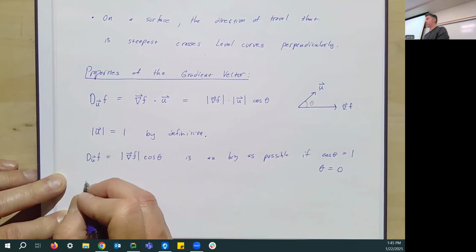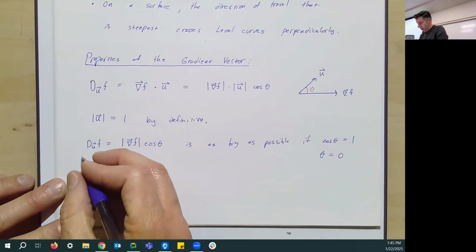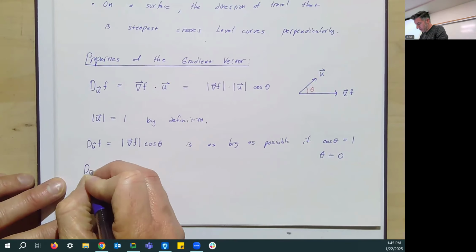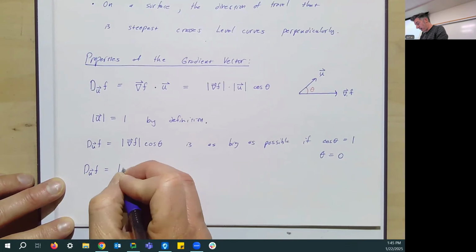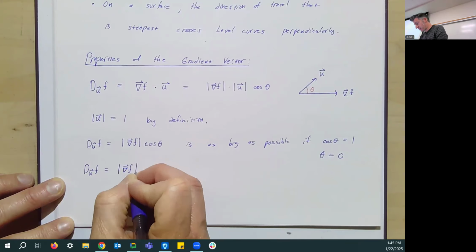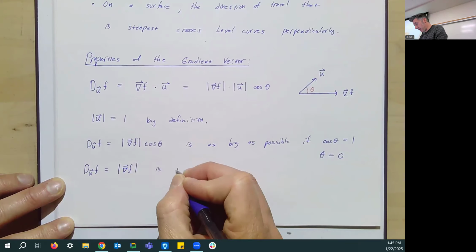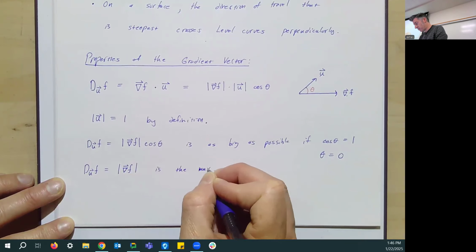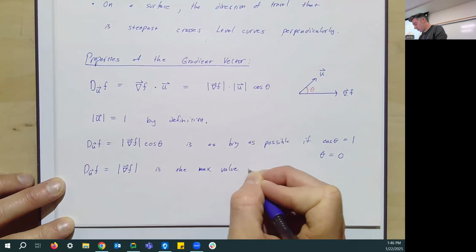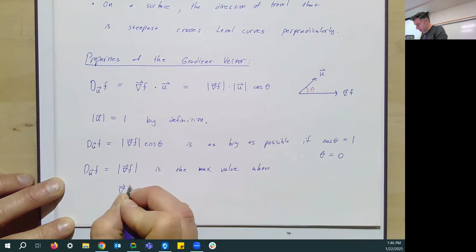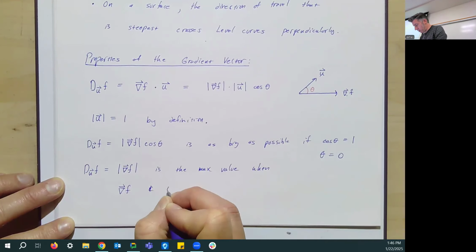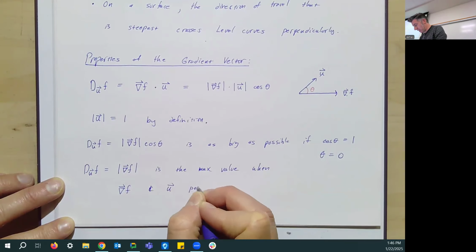So here's what we're saying. The directional derivative, which will equal the magnitude of the gradient, is at its maximum value when the gradient and the vector u point in the same direction.